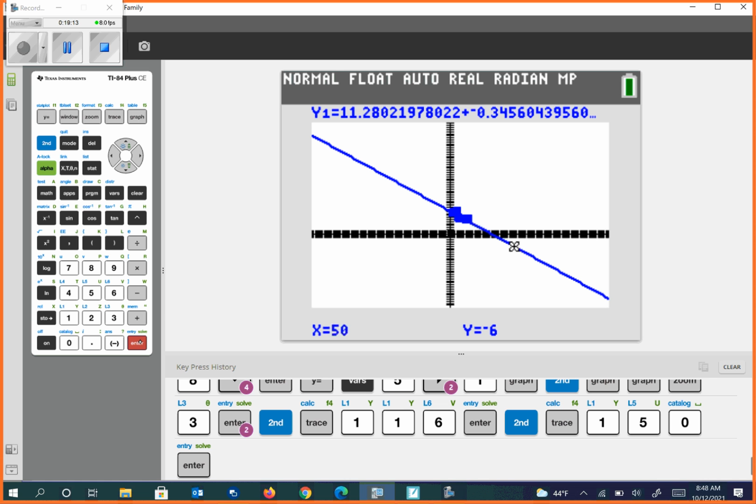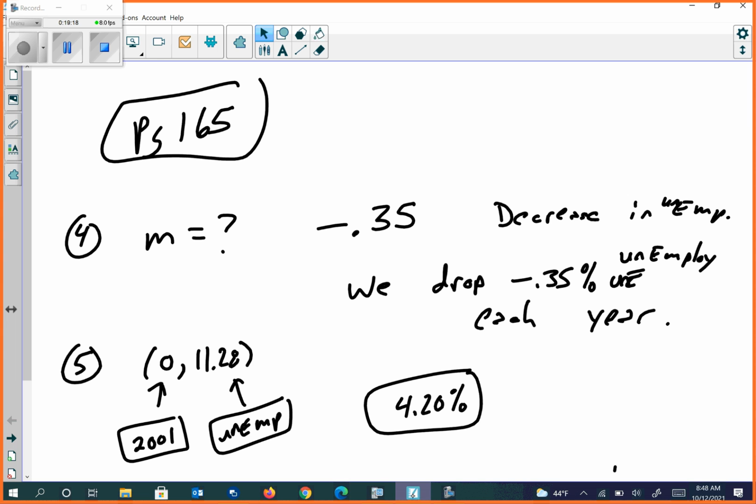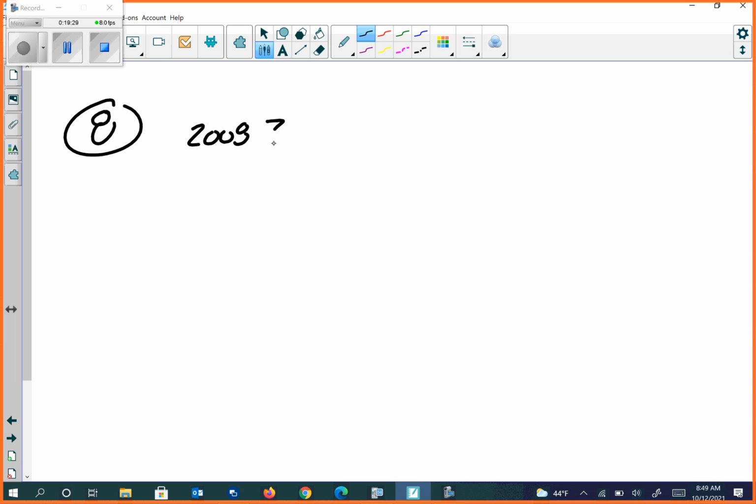Okay, calculate the residual for 2008. Ooh, residual for 2008. How do we do the residual for 2008? This is problem number 8, and this is definitely a good one to look at. So our data for 2008, we have that 2008, 7.4.